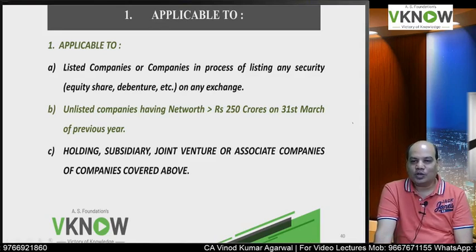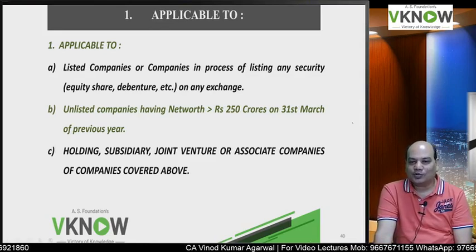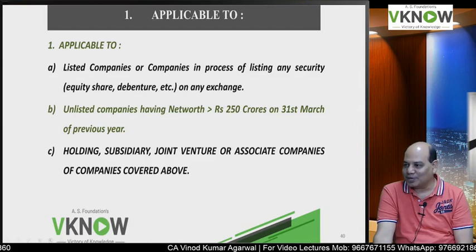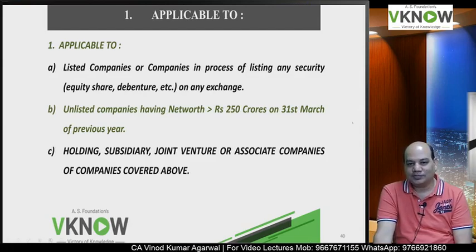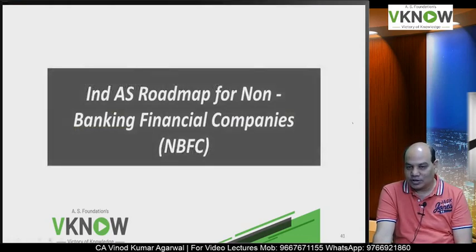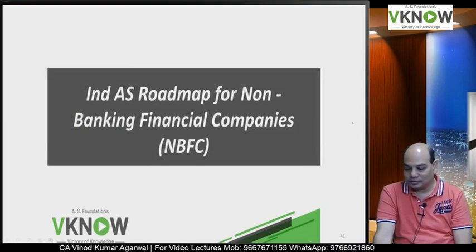Once you become a CA, you are a CA forever. You don't have to check what you do afterwards, okay? You can become a film artist, you are still a CA. You don't have to appear for the exam. Once a CA, always a CA. Once Ind AS, always Ind AS.